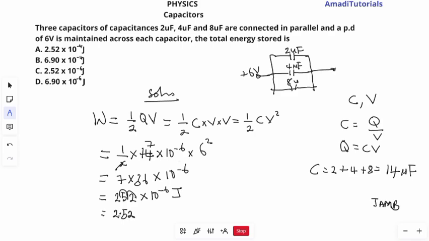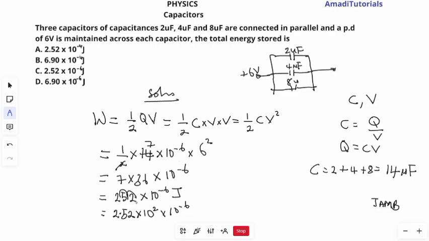Now, this 2.52 is like 2.52 times 10 raised to the power of positive 2 times another 10 raised to the power of negative 6. You understand? Because if you do 2.52 times 10 raised to the power of 2, it will take you back to 252.